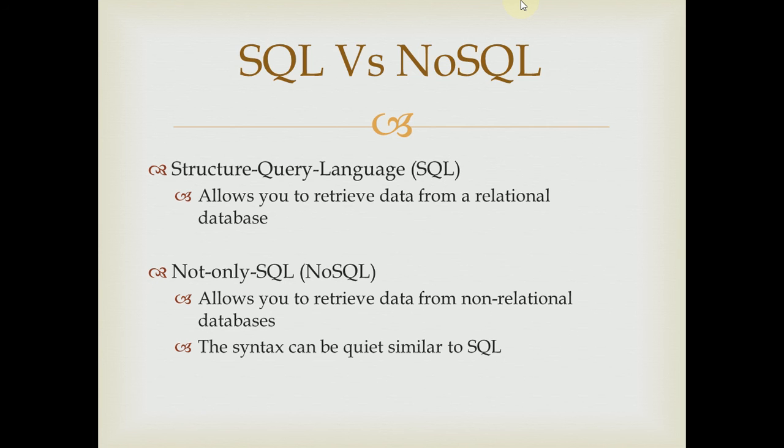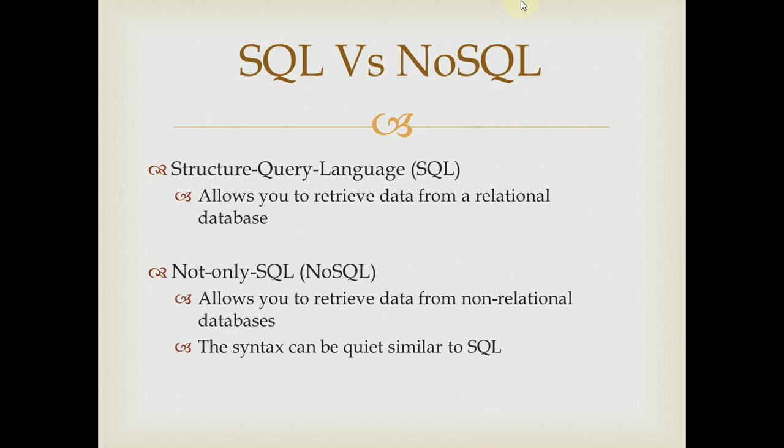So basically, you are able to use SQL to retrieve data from your data stores, but you can also customize and retrieve data from non-relational databases. It's mainly used for retrieving data from non-relational databases. It's not something that you use in relational databases, but it can be used to retrieve data from non-relational ones.